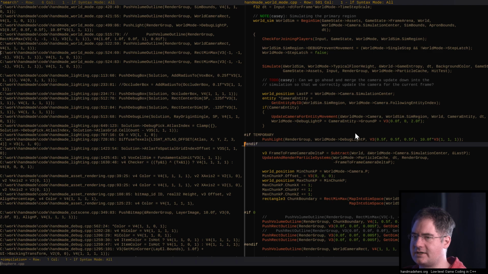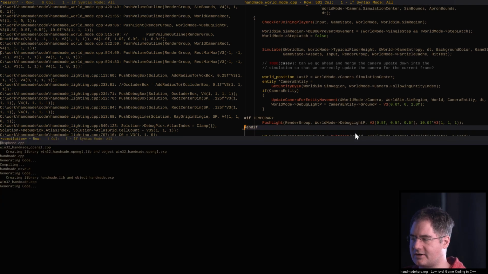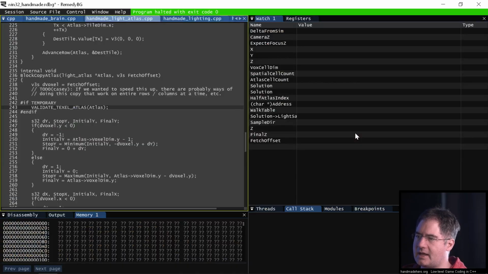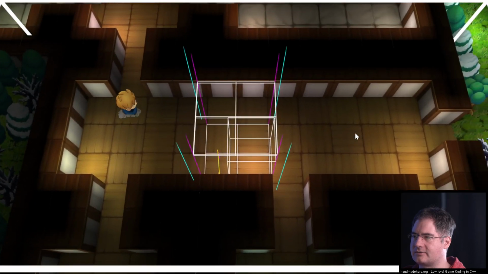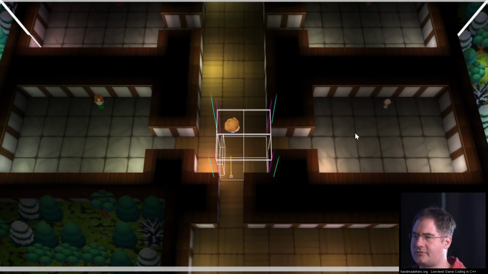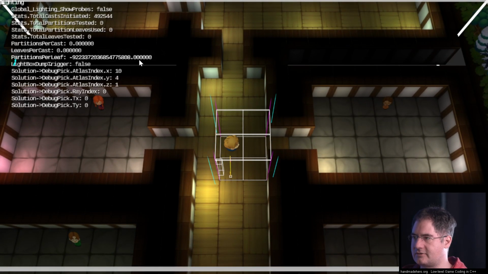Let's just get rid of the debug light entirely. Now let's see if the artifact remains as I move around. I'll turn off the 1/60 blend as well, and let me also get this out of the way.